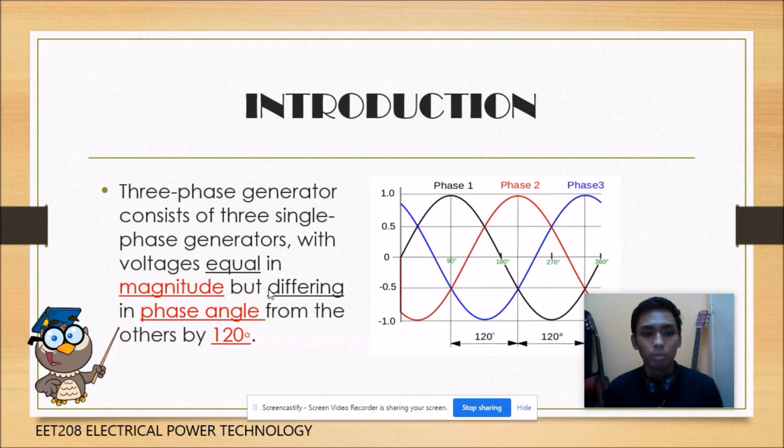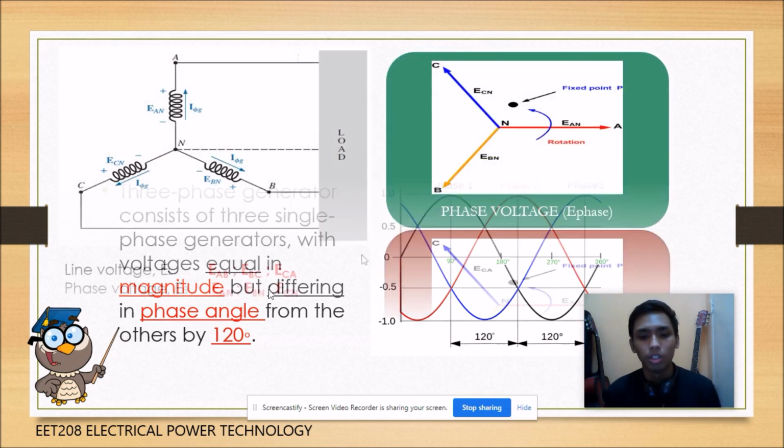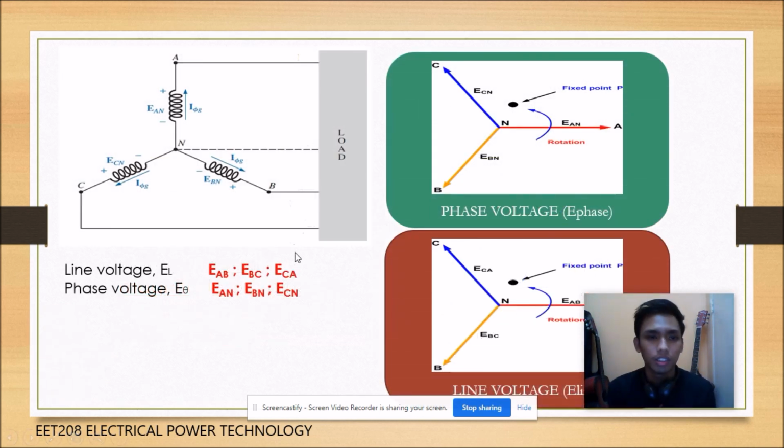One half of the copper is required and the wire transmission losses will be half. The advantage of the three-phase system is that it requires fewer conductors compared to the single-phase system. It also gives a continuous supply to the load, as we can see in this type of three-phase system.